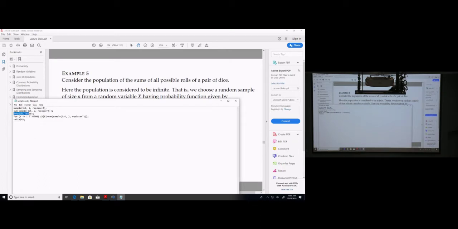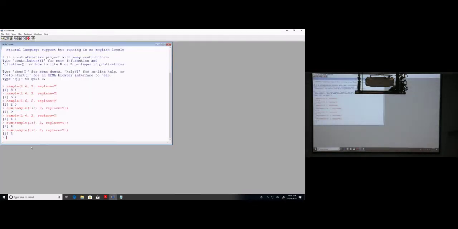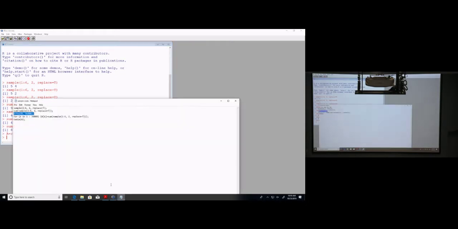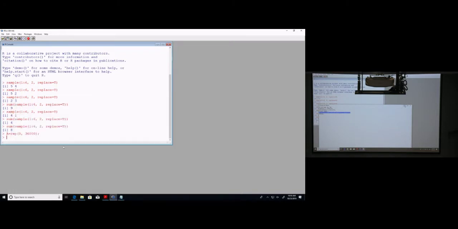So I first create a vector which is 36,000 long, and I temporarily fill it with 0, and I'm going to replace it with the actual numbers. And now I'm doing it in a loop. So when k equals 1, that corresponds to my first row of the pair of dice.